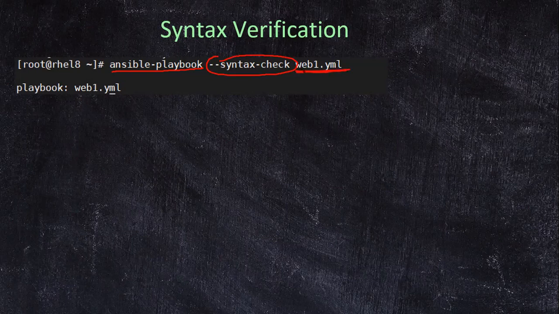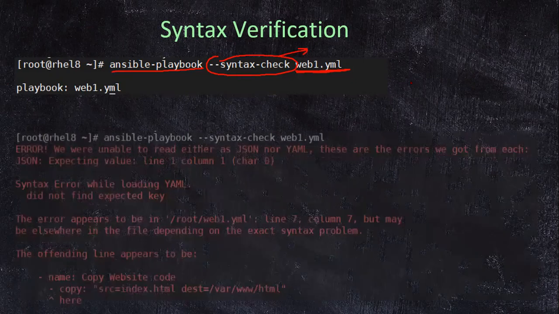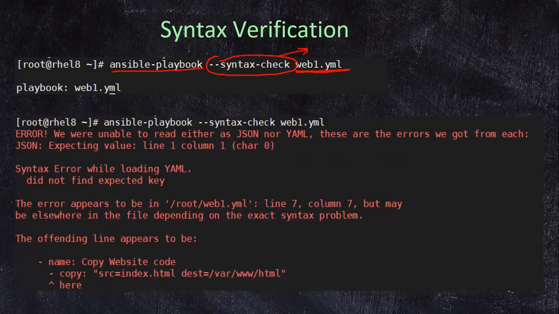So if you have created a YAML file for deployment, which is named web1.yml, this specific option helps you verify the syntax. If the syntax is correct, it will give you an output like this. For some reason, if you have written something wrong here and the syntax is not correct, then you might get an output saying there is an error.